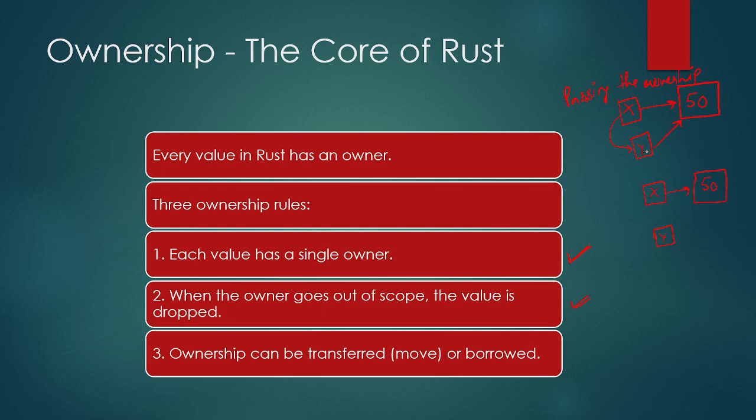Here in this example we are passing the ownership, and we can also borrow it. In the concept of borrowing, we borrow it for some time, and once that work is done, we pass that value back to x.